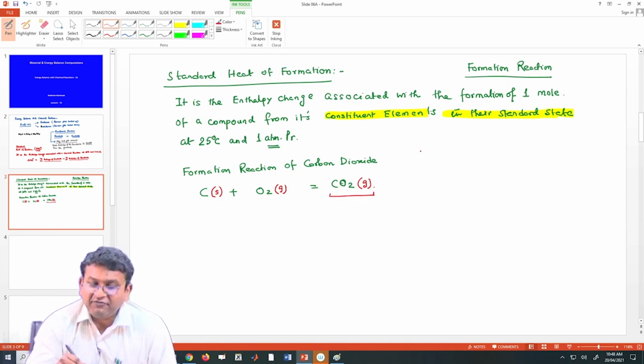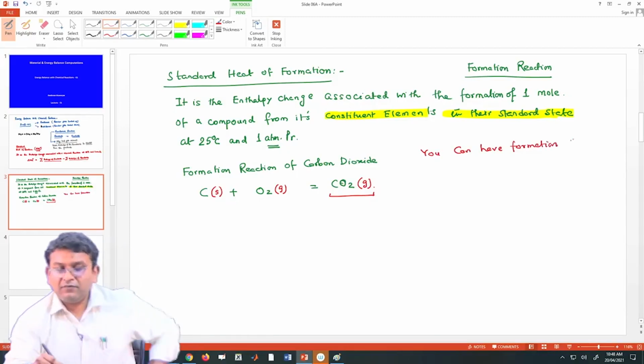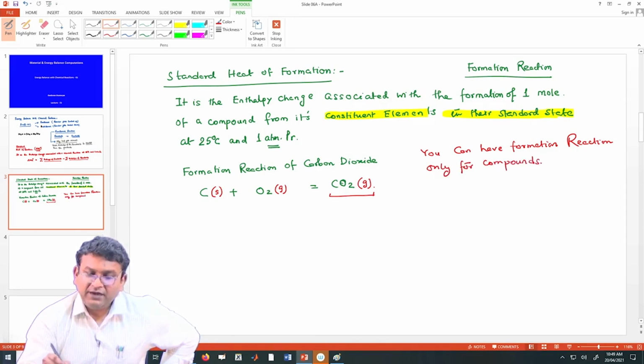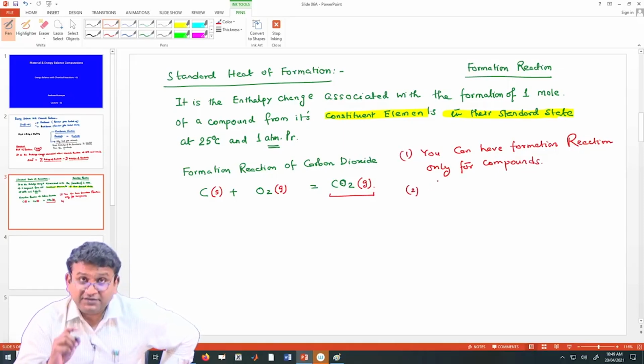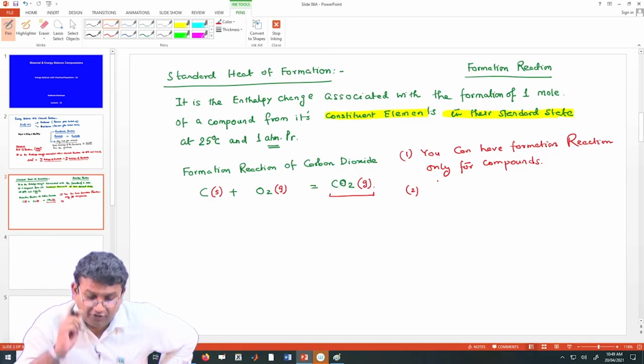This must be written. So, the first thing is the formation reaction is valid only for compounds. This is number 1, and it has to start from its elements in their standard form.